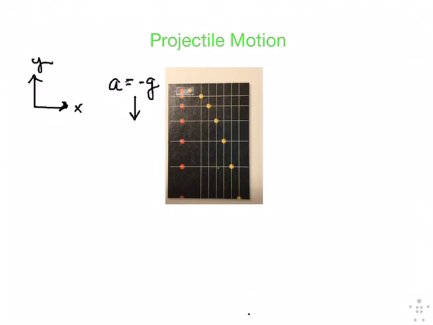Now the yellow ball, on the other hand, has some initial velocity in the x direction, but it's also acted upon by acceleration due to gravity, which is a equals minus g.